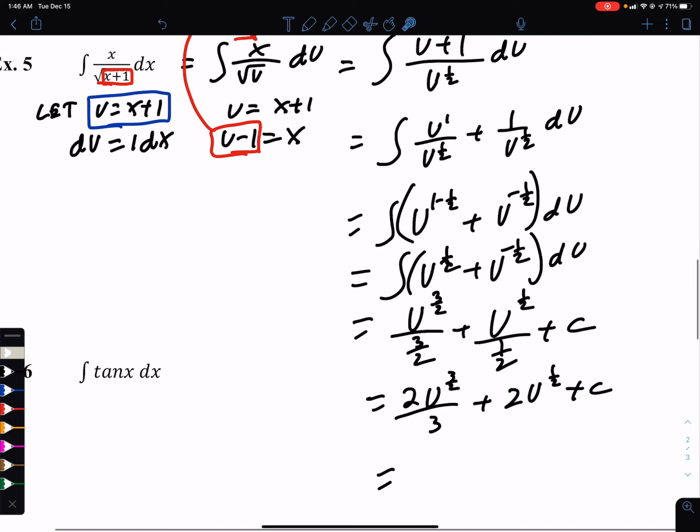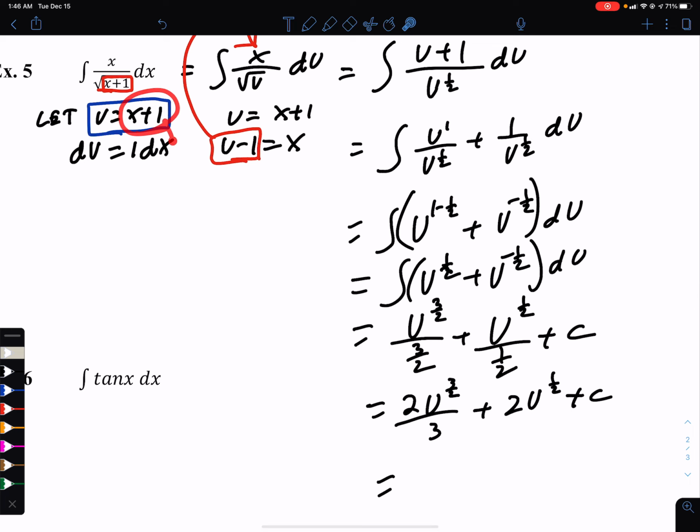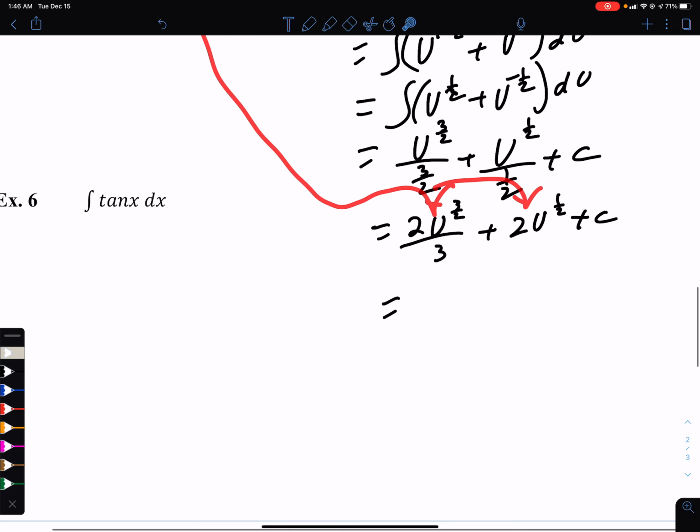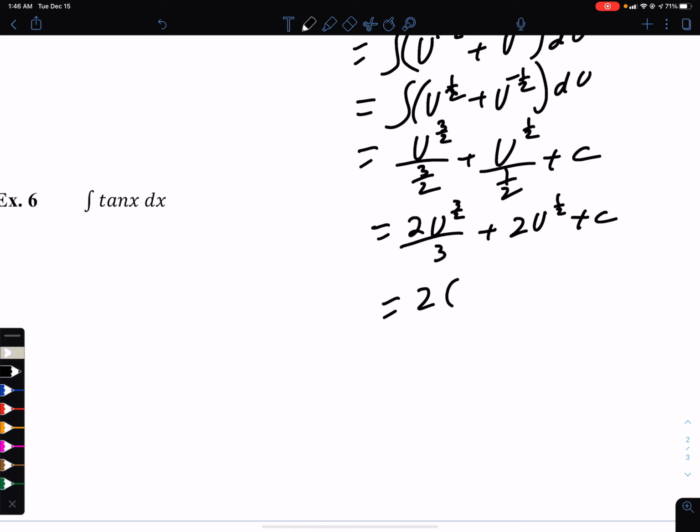And now, for the final thing, I replace u with x plus 1. I'll get my final answer. 2(x plus 1) to the 3/2 over 3 plus 2(x plus 1) to the 1/2 plus c.